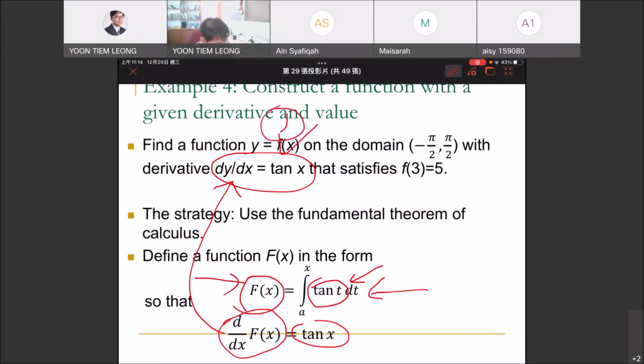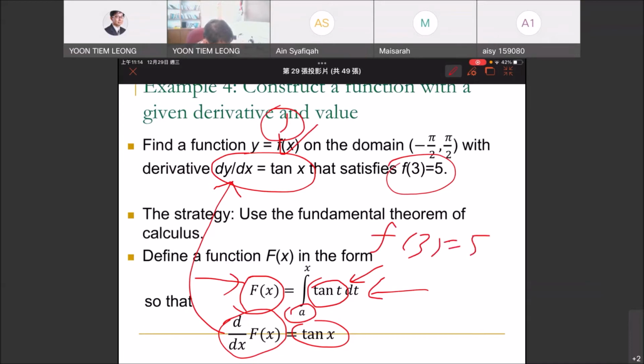But how do you get the second condition to be fulfilled? The second condition is that the function f, which is not yet found, has to fulfill the condition that when x equals 3, the value of it is 5. So if you define your F to be a tangent integral, then you also have to find out what is the value of a, such that the function f at 3 is equal to 5.